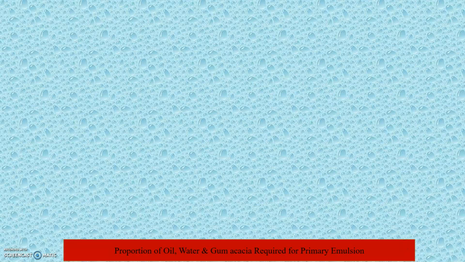Before starting the preparation of emulsions, we have to calculate the proportion of oil, water and gum acacia for the primary emulsions. With the help of the following table, we can calculate it.